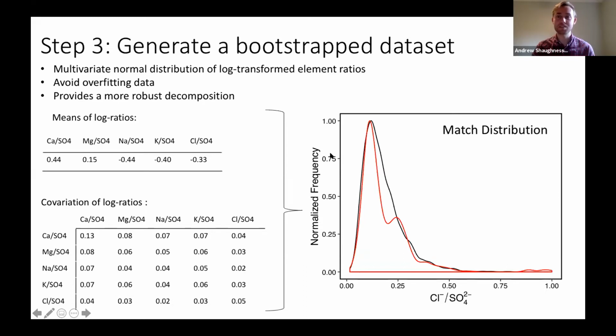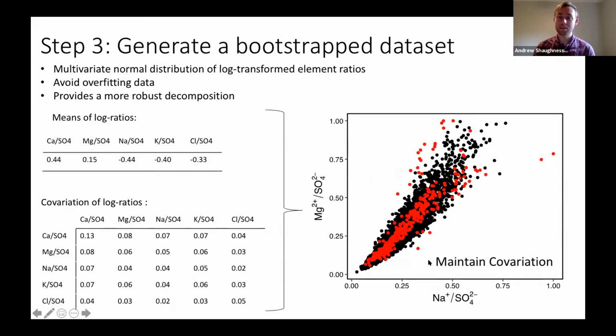This is highlighted here on the right-hand panel, where you can see a density distribution, with red being the true distribution of this chloride to sulfate ratio in the stream, and the black being our bootstrap distribution. One good thing about using this multivariate normal distribution is we also maintain covariation of analytes. That's going to be key because we're looking at these coupled mineral reactions.